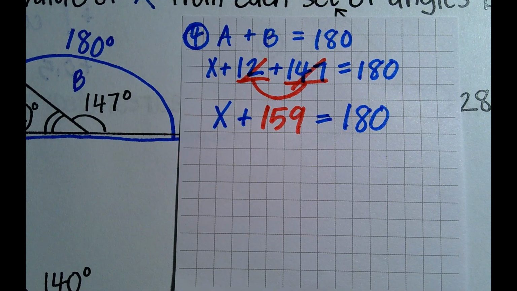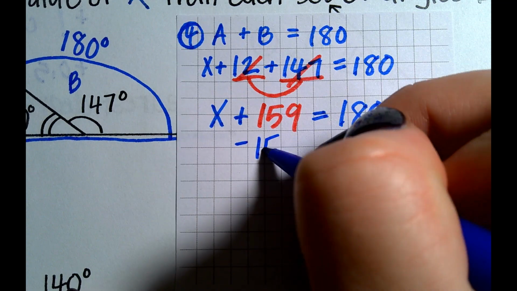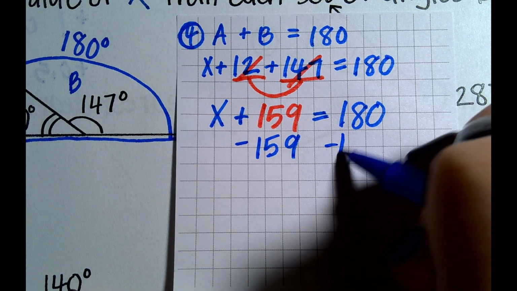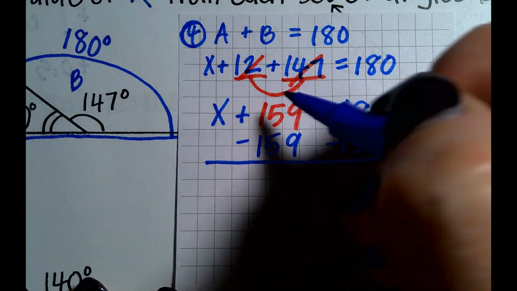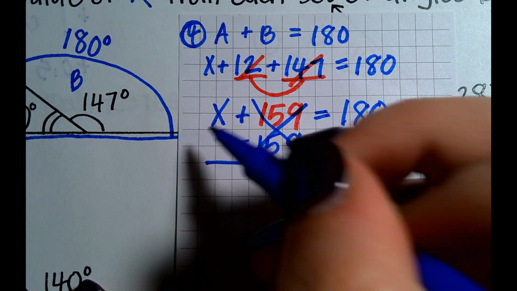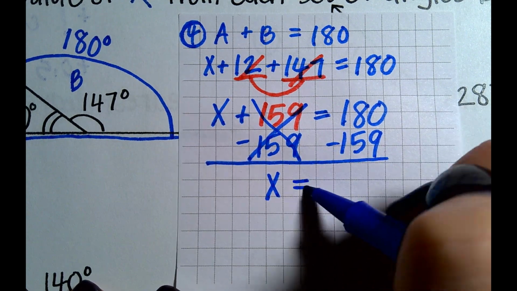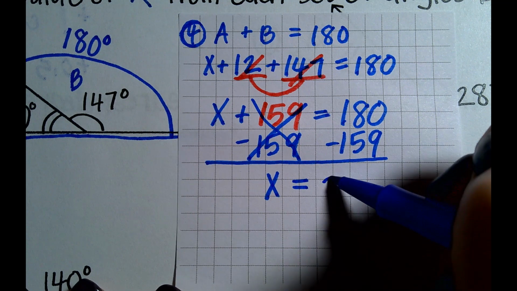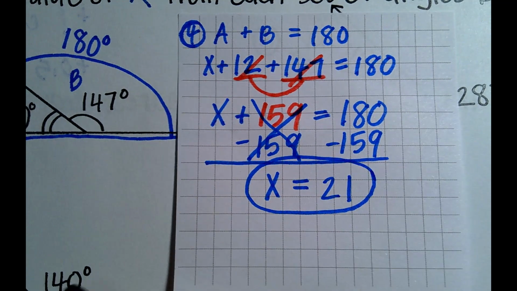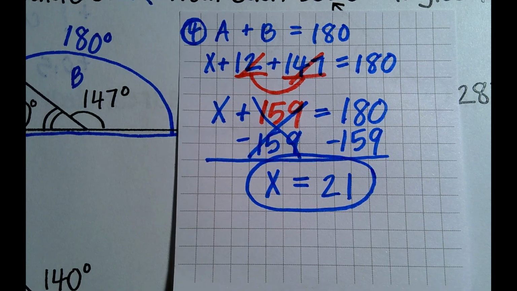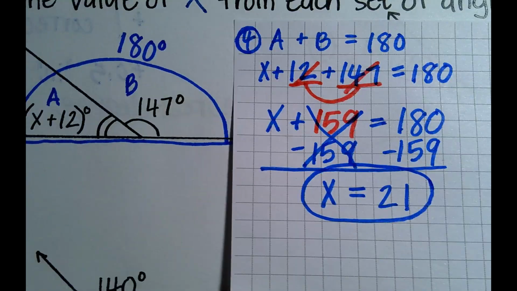Good, and then we just subtract 159 from both sides. Okay, my 159's cancel and I get x equals 21. Perfect. So number 4, x is 21.